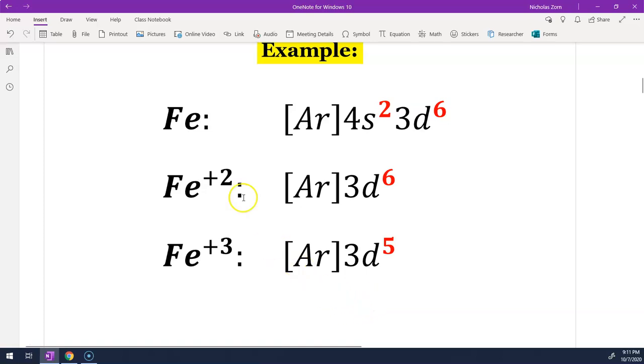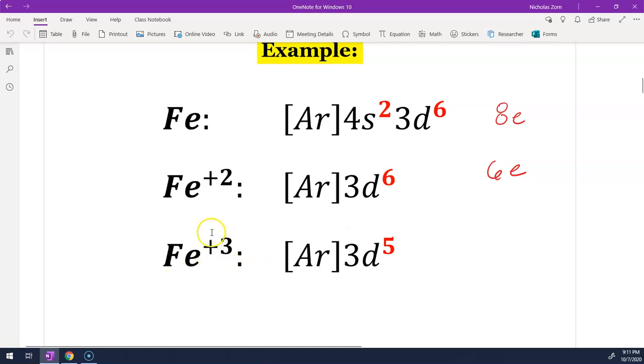All right, so here are some examples. We have iron, and in my first iron here, notice I have 8 electrons. Here is iron with a +2 charge, so obviously here we would have 2 fewer electrons. So if you do some math here, we had 8 electrons in this first one. This is 6 electrons.